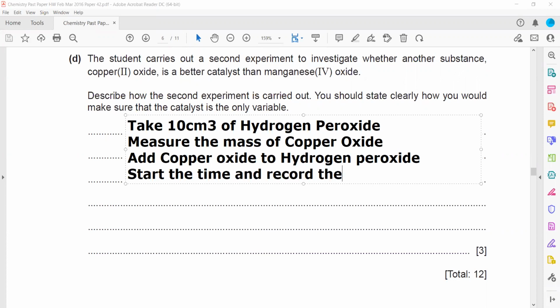And then we will filter to remove copper oxide, and then we will weigh again.